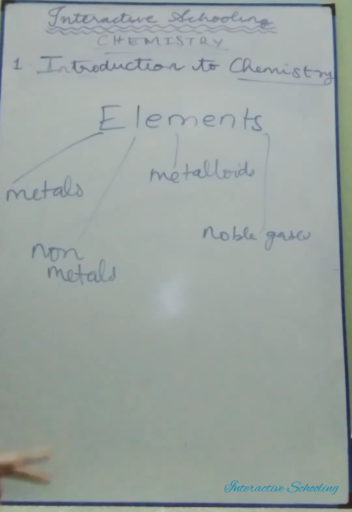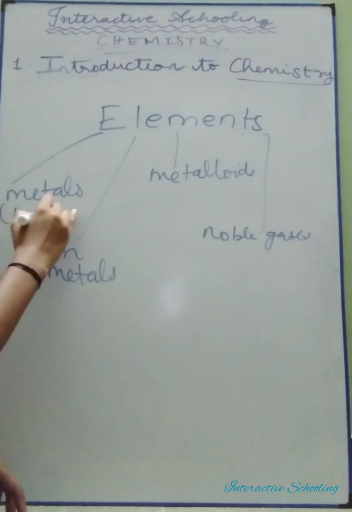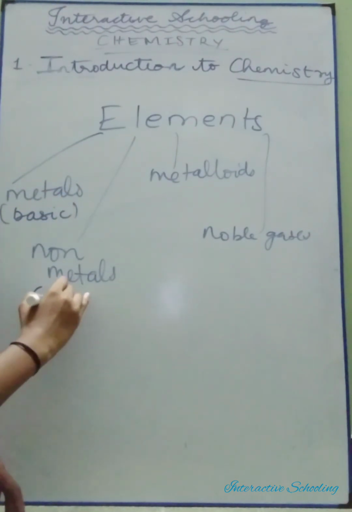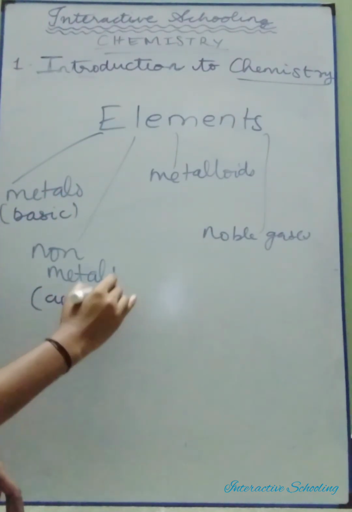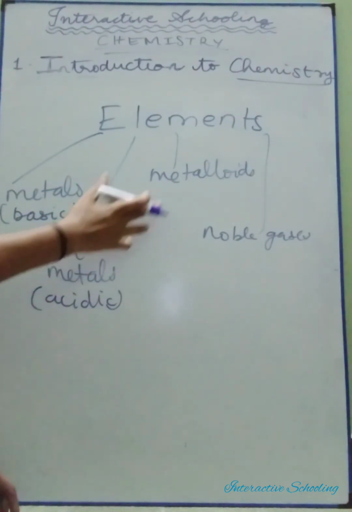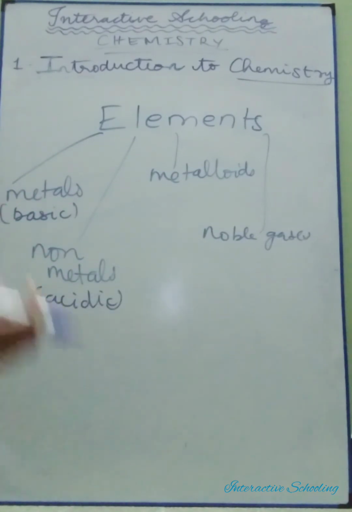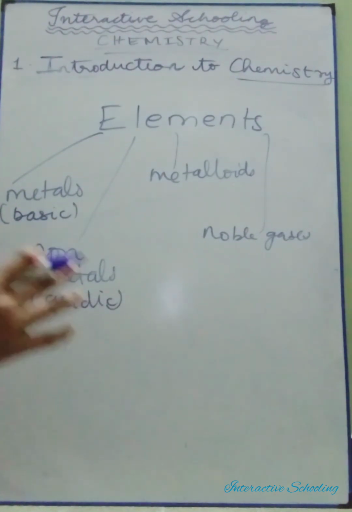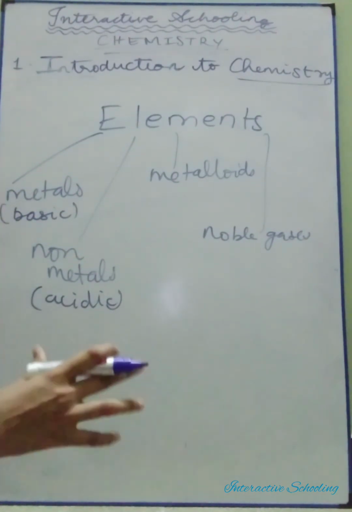Non-metals are mostly diatomic. Metals are basic in nature, while non-metals are acidic in nature. Metalloids share properties of both metals and non-metals, while noble gases are unreactive. They do not take part in any chemical reaction.